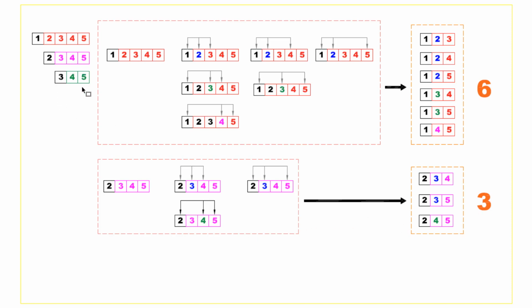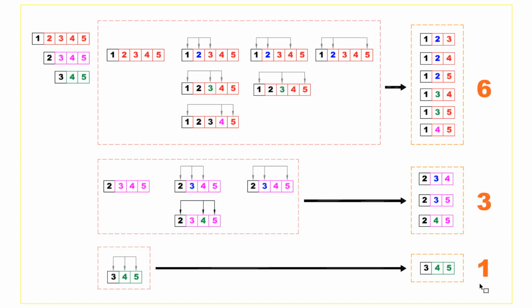Now we go to the last one, which is 3, 4, 5. It's already a generated sequence with a length of 3. So we have 1 element only. And if we add all these together, we get the combination of 5 objects taken 3 at a time equal to 10.